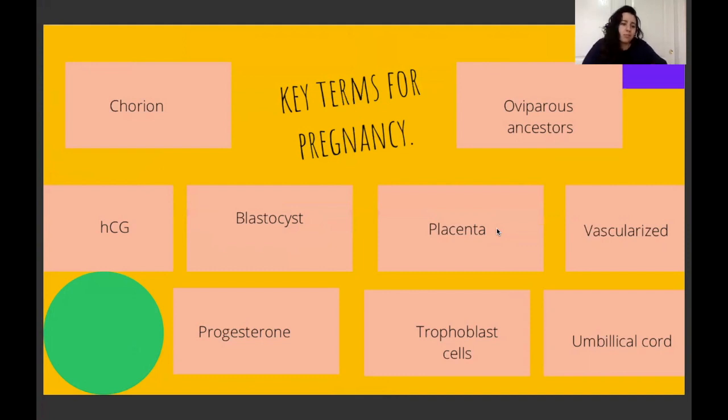So we have the chorion, the oviparous ancestors, HCG, blastocyst, placenta, vascularized, progesterone, trophoblast cells, umbilical cord. Yes, please know what all of these are.